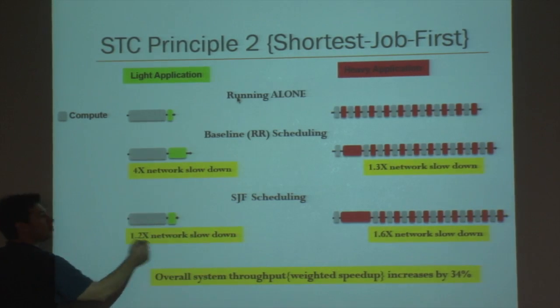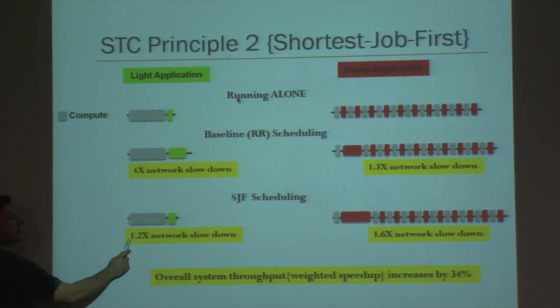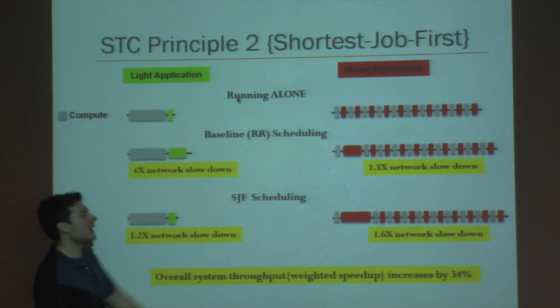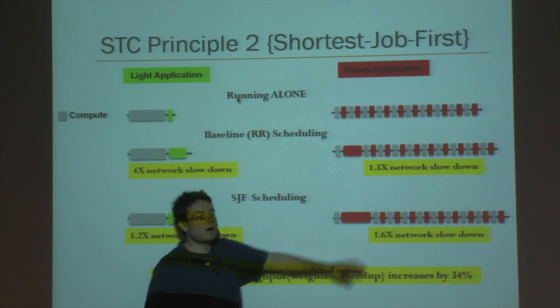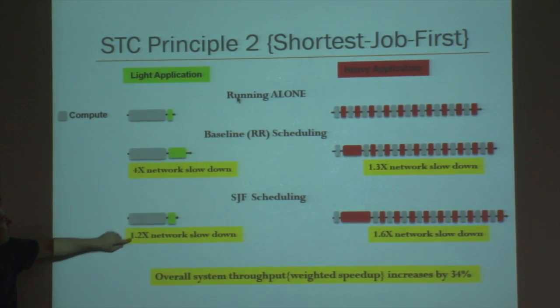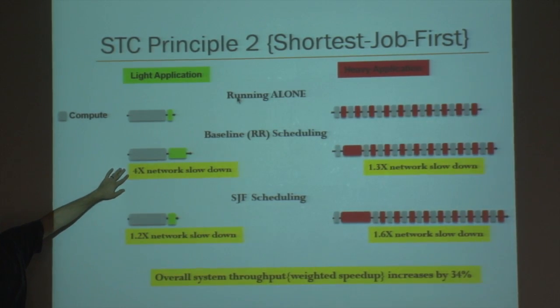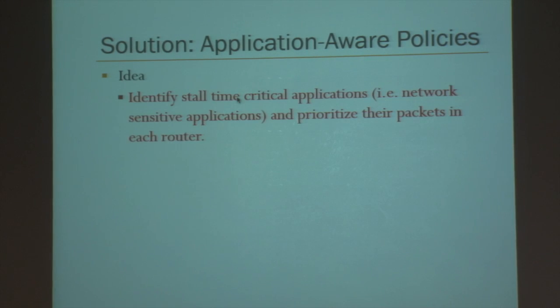But if I prioritize the short job first, then this guy sees only a 1.2x slowdown, and this guy a 1.6. So this guy went 0.3x slower, while this guy got a 2.8 different slowdown. So it makes sense to schedule the shortest job first. That's all that is saying.